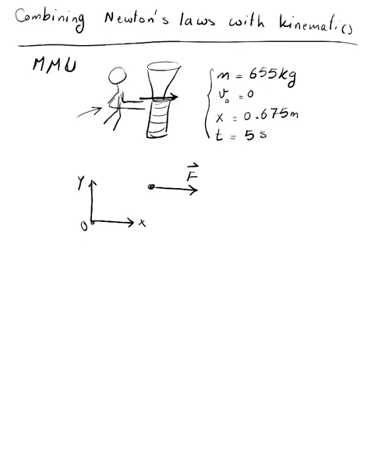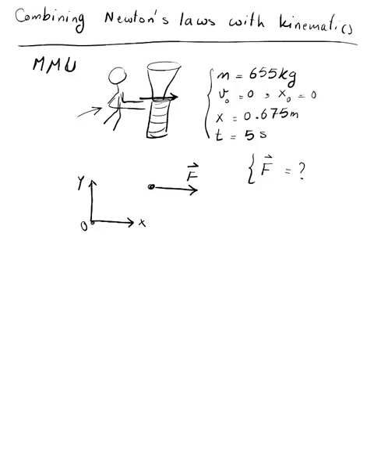What is the force F exerted on it by the astronaut? Now, what is F? Let's just consider that x naught is 0, so I put the origin exactly at time 0.